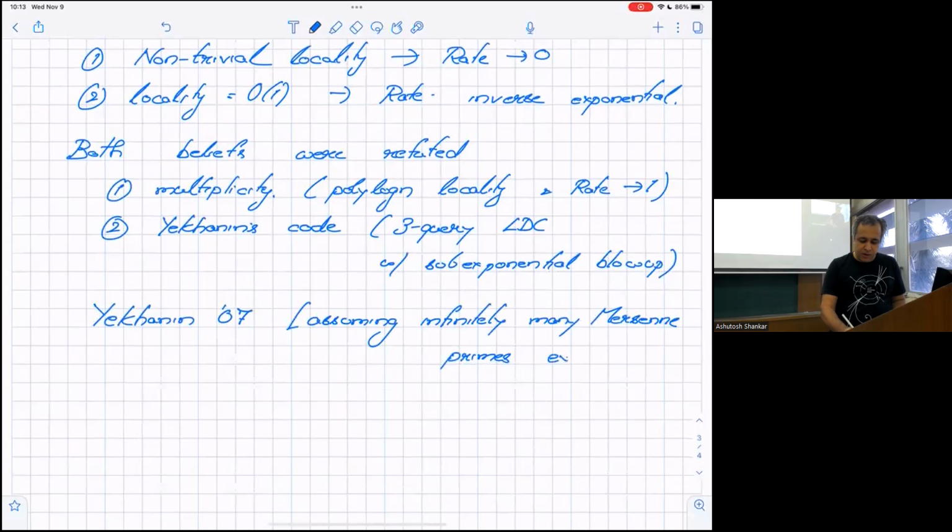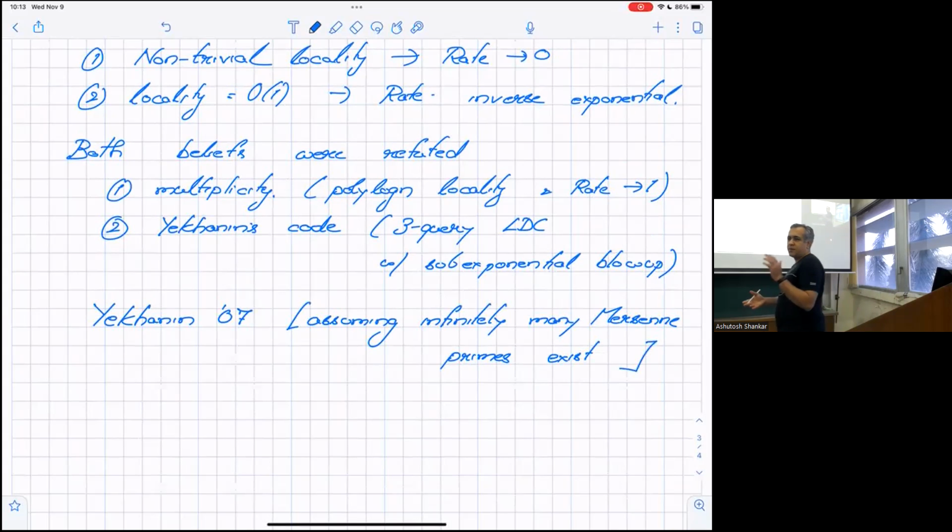He used Mersenne primes, primes of the form 2 to the n minus 1, and he needed larger and larger ones. This is an unproven conjecture in number theory. We don't know that infinitely many Mersenne primes exist.